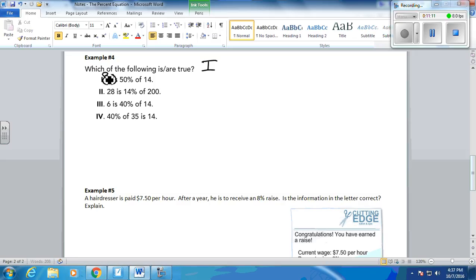The percent would be my percent coming next, and then the of 14 would be my whole. So I'm going to say 7 is 50%, so 50 hundredths of 14. I'm going to reduce 50 hundredths down to 1/2. And then I'm thinking, okay, well, 14 divided by 2 is 7, and I'm only left with 7 equals 7, so that appears to be true to me. 7 does equal 7. So 1 is true.